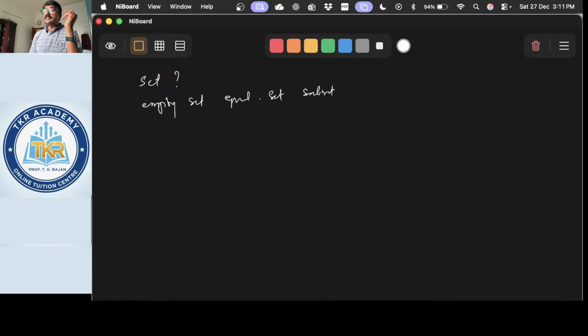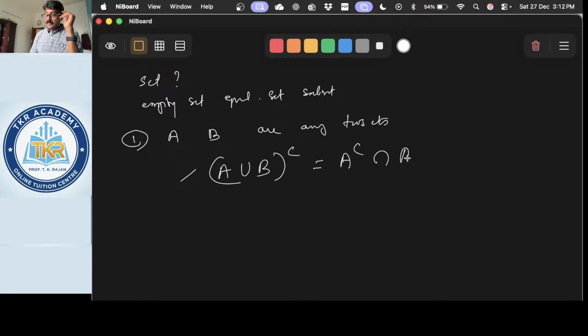Regarding these concepts, there are some important results concerning complement, intersection, union, etc. The first result is that if A and B are any two sets, then (A union B) complement is equal to A complement intersection B complement.